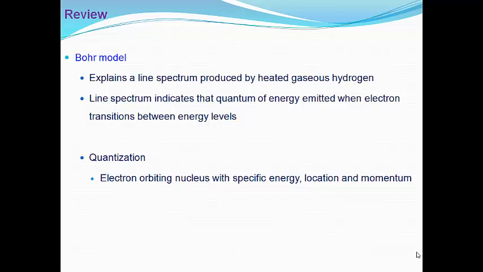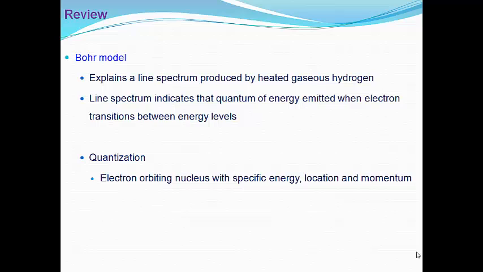a line spectrum. Then there was need for a better description of the structure of the atom, and that model was proposed by Bohr, which essentially explains how a line spectrum is produced by heating gaseous hydrogen.